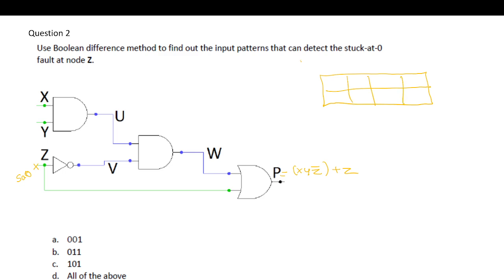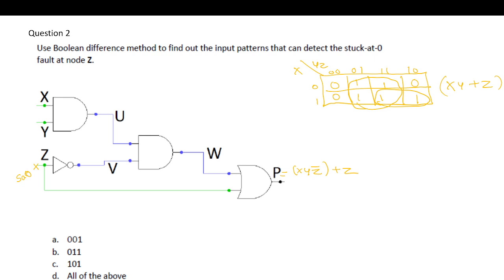Let's use a K-map to see whether we can simplify this. So Z equal to 1 means this region, and XY Z0. So with this we have XY plus Z as the simplified expression.